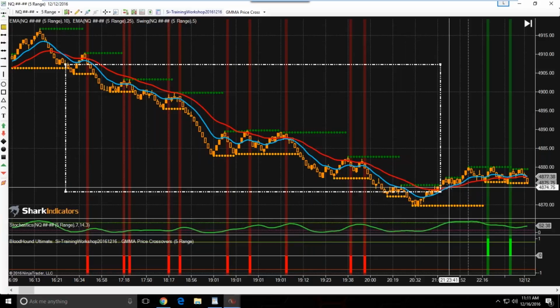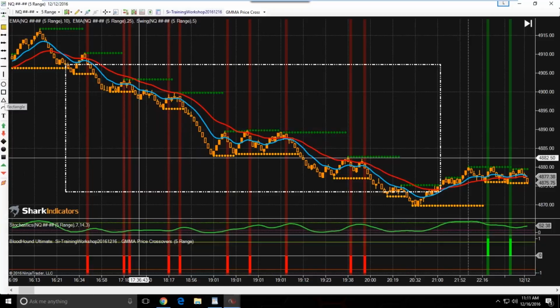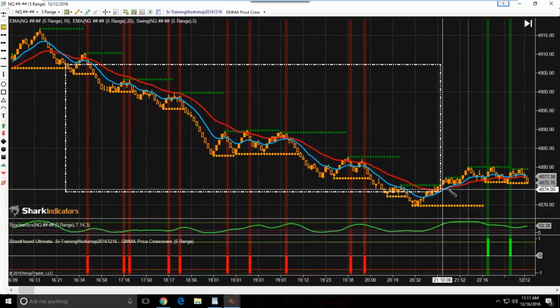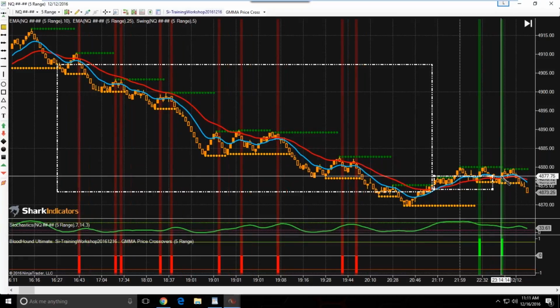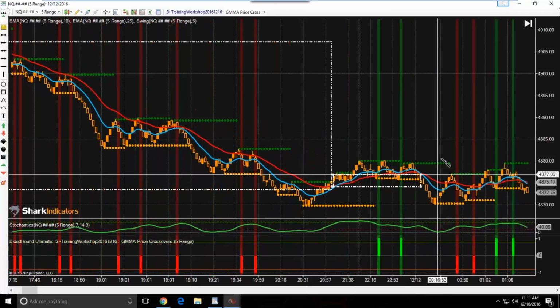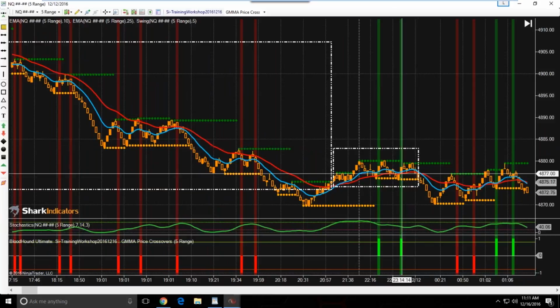There's a swing high right there. That gets broken. And then once that is broken, the system would toggle to a long state until about there.